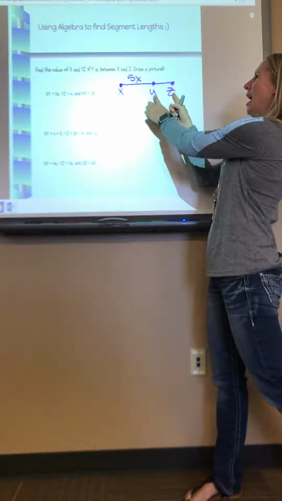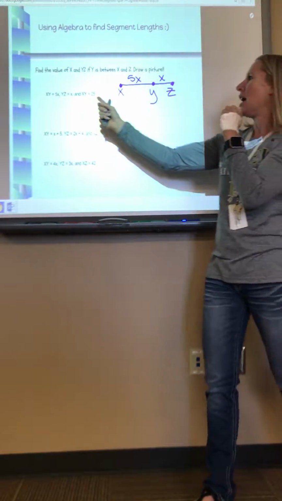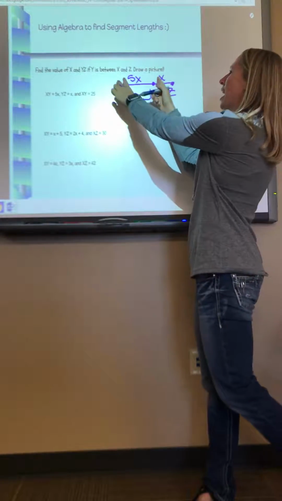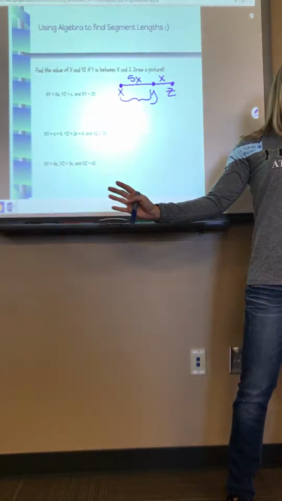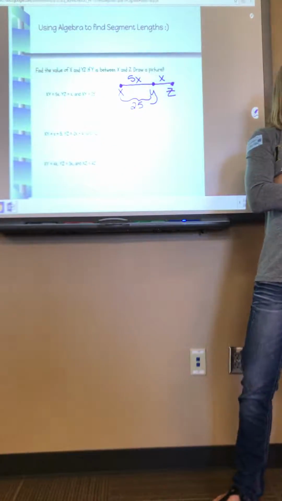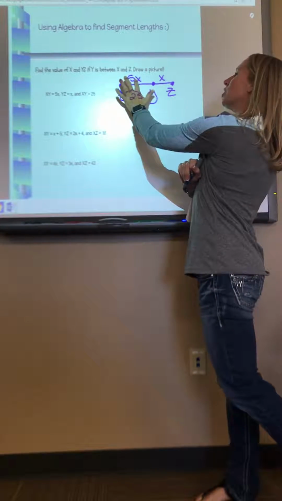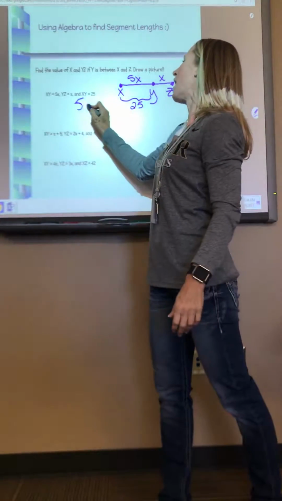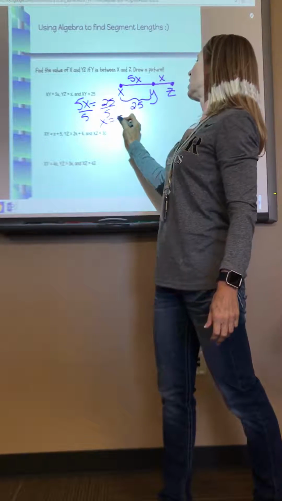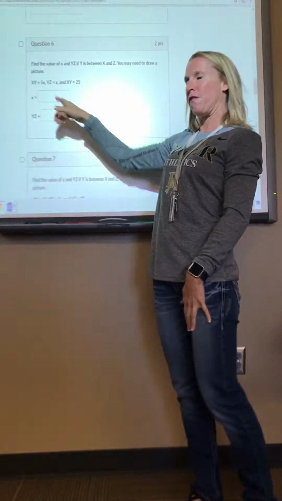YZ is x, so I'm going to put an x here. And then it says XY, which is just this XY length. It doesn't say XZ. Says XY is 25. If you know this is 5x and it's 25, x equals 5. So where it says x equals, I want you to put a 5 in there.